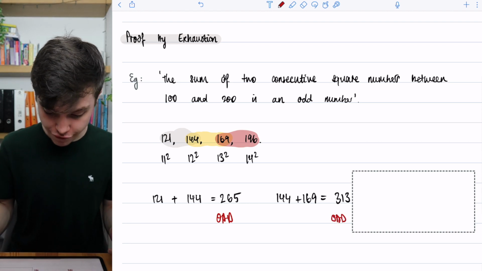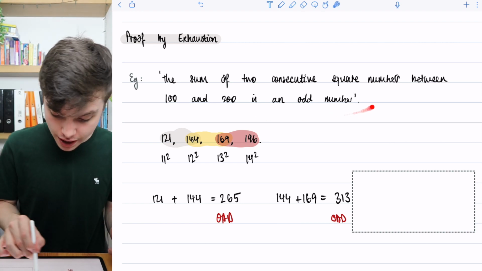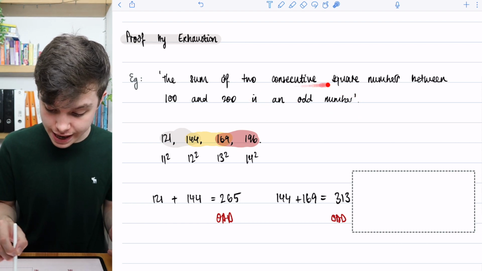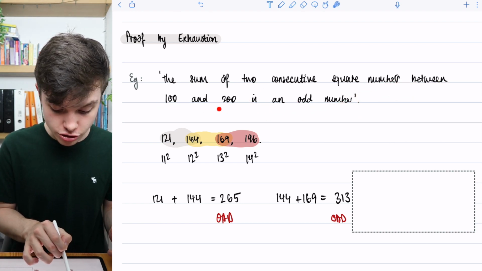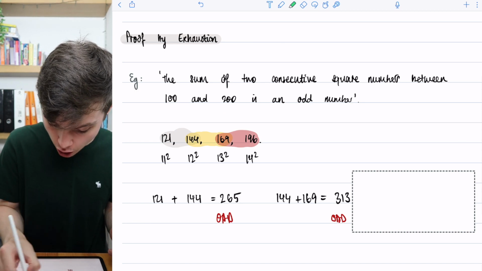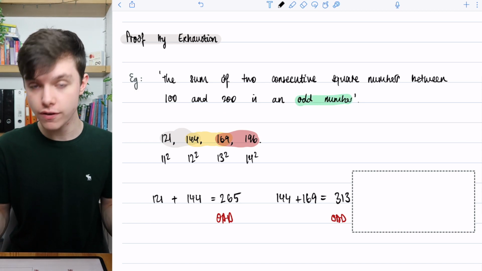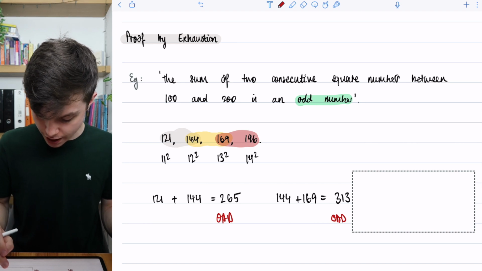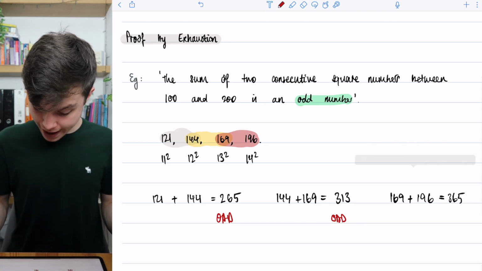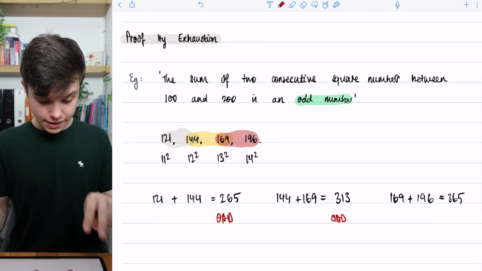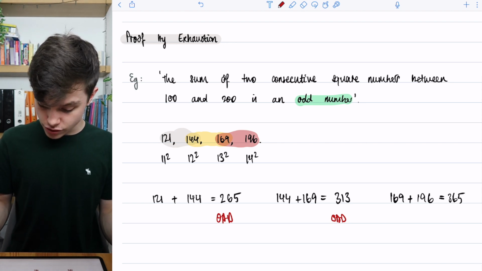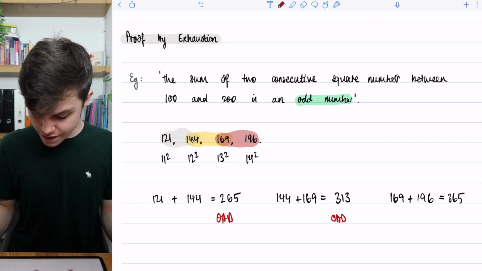So we're looking good so far, because we're trying to prove that the sum of 2 consecutive square numbers between 100 and 200 is an odd number. That's what we're trying to prove. And then the third pair is the final 2, 169 and 196, and that gives us 365.